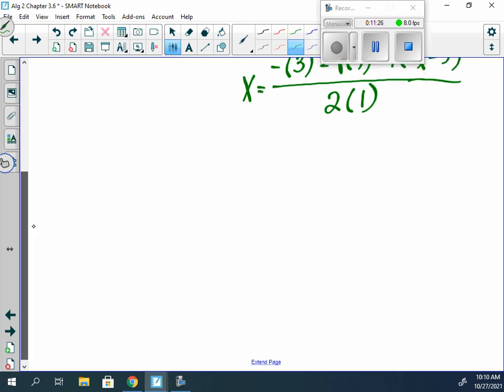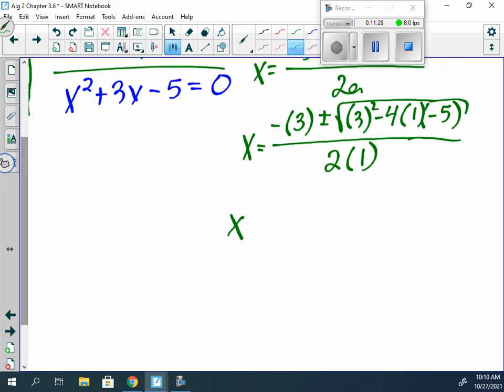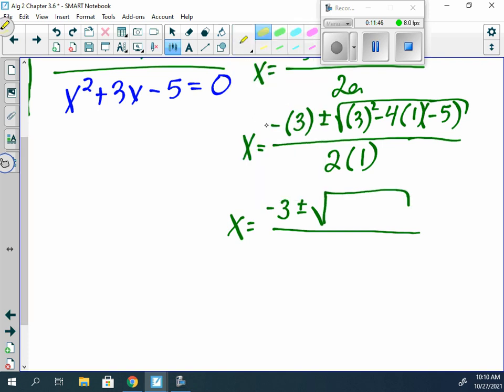Now, when we look at this here, x equals, we have negative 3. Plus or minus square root. At this point here, I would type everything that's inside the parentheses into a calculator. Because we could do it by hand. I could do 3 squared, which would be 9.